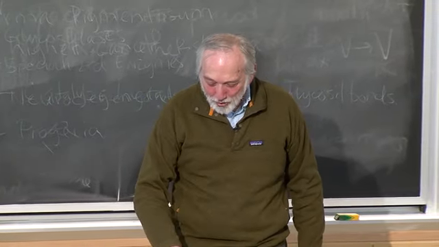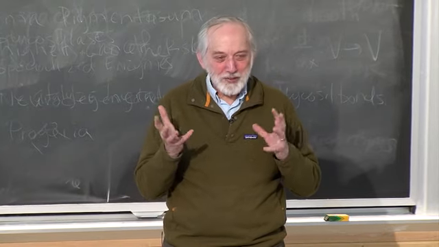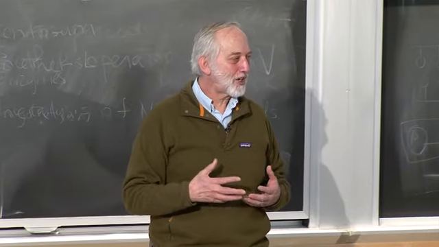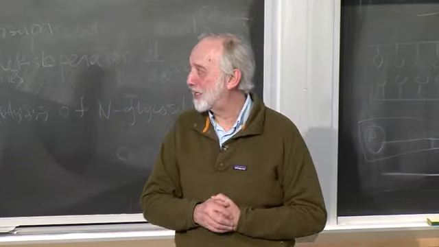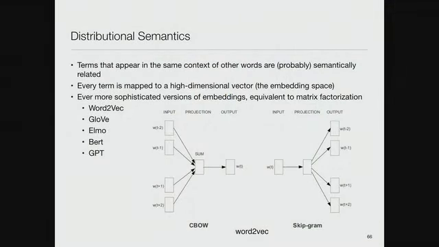Okay, so more recently, people said, well, we ought to be able to make use of this in some systematic way to help us with our language analysis tasks. So to me, the first effort in this direction was Word2Vec, which was Mikolov's approach to doing this. And he developed two models.